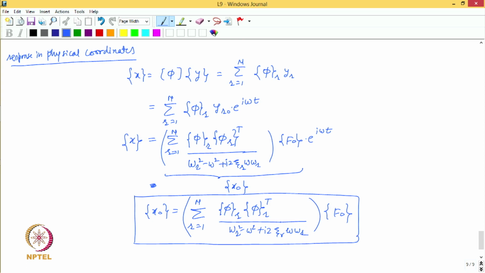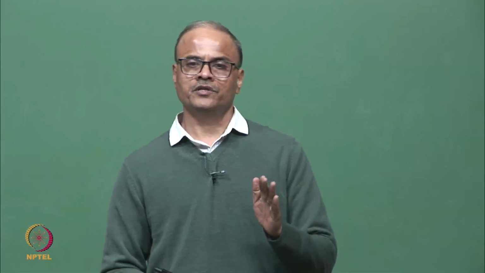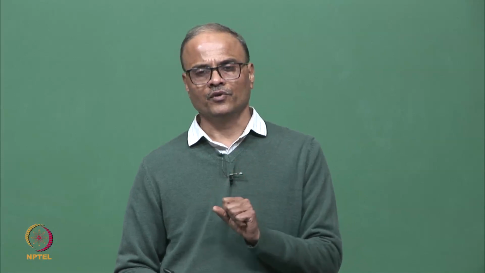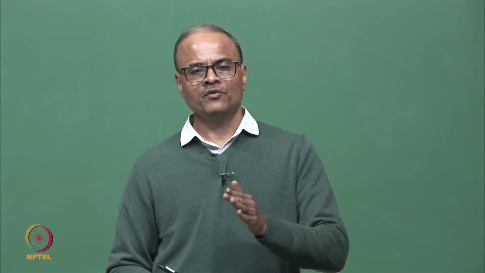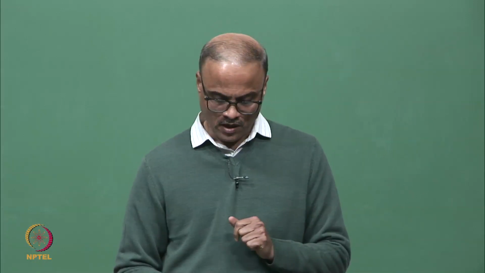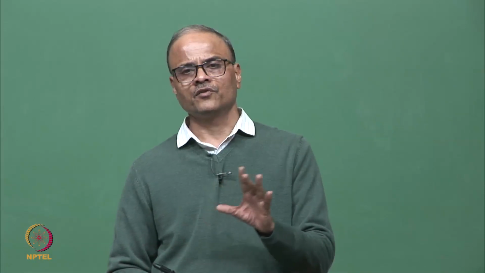So, what we note, if you see the term in the bracket, this response is complex, correct, because we have a complex number in the denominator, which indicates that the response is not in phase with the force; it has some phase angle with the force. So, this response is going to lag with respect to the force that is acting, but this phase angle is the same for all the degrees of freedom.